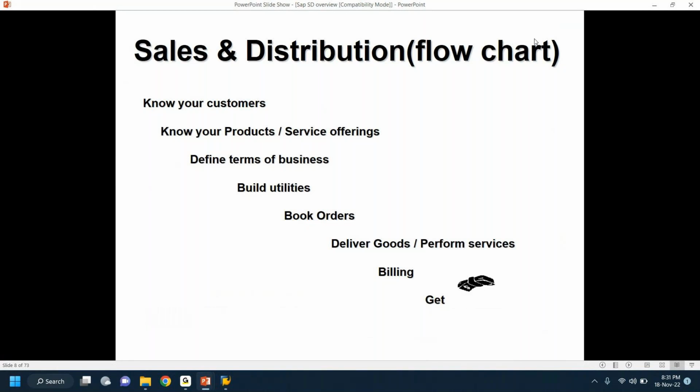People who have strong stores knowledge, strong inventory-related information, and a bit of how manufacturing happens according to MRP, for them it is easy to understand.